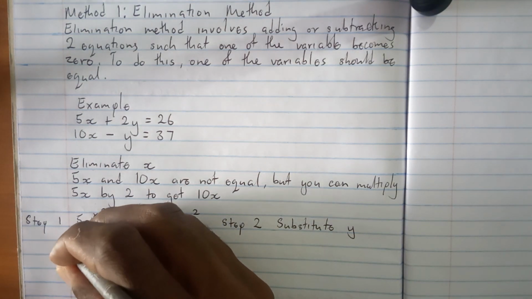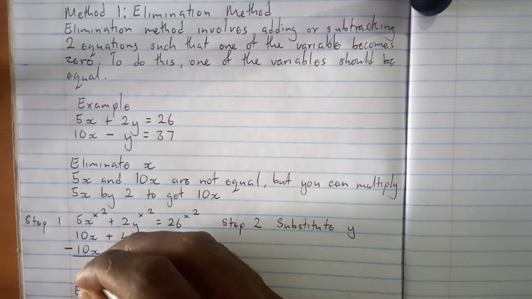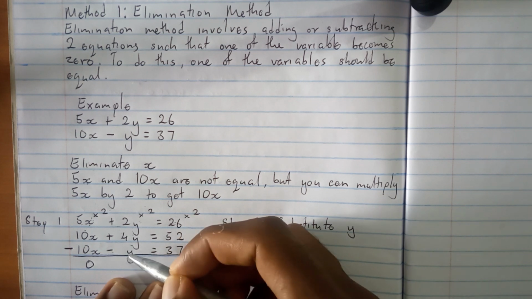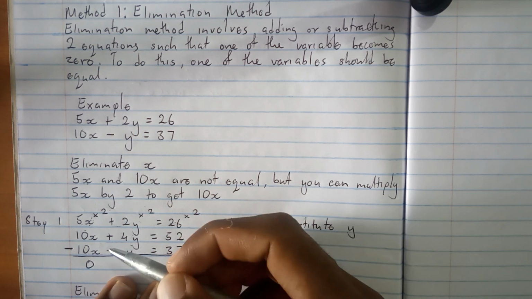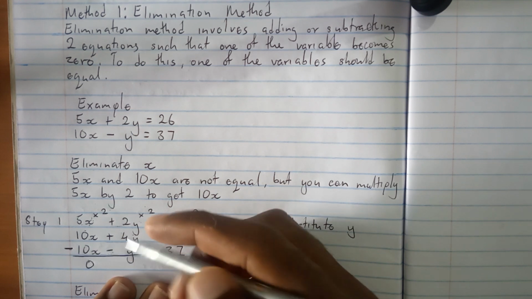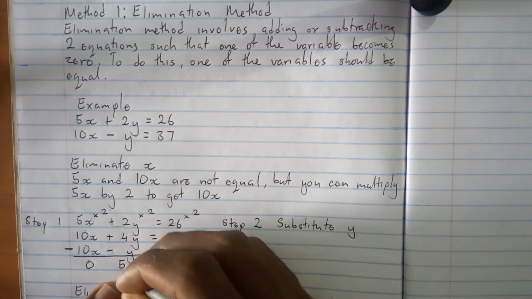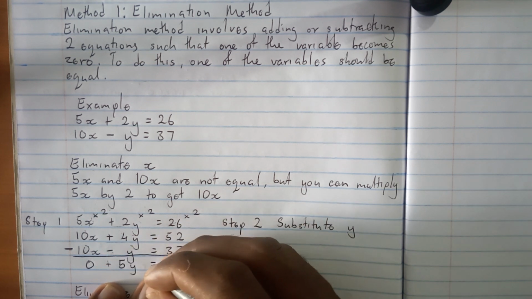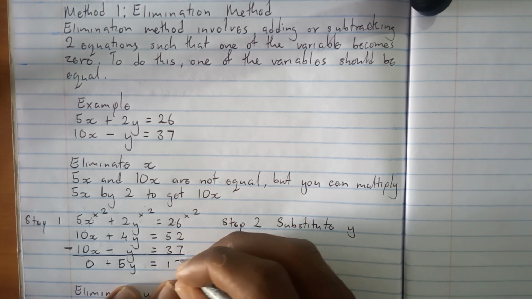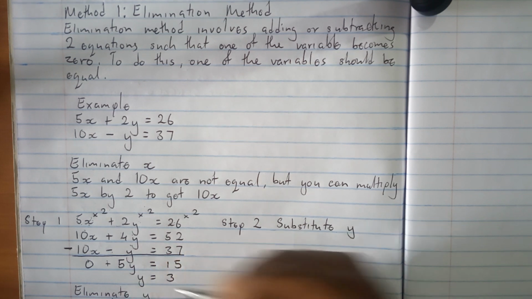So we put our negative sign there and then we subtract: 10x minus 10x is 0. 4y minus y. Now, do you remember what we said about two negatives? When you have two negatives, it becomes a positive and the answer becomes 5y. So it is equals to 52 minus 37, that becomes 15. And we can say y is equals to 3.